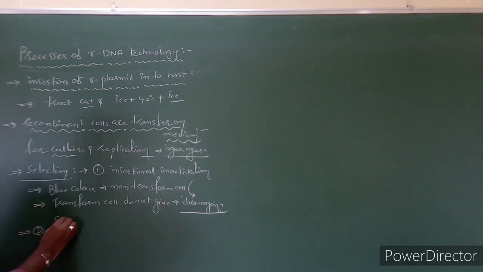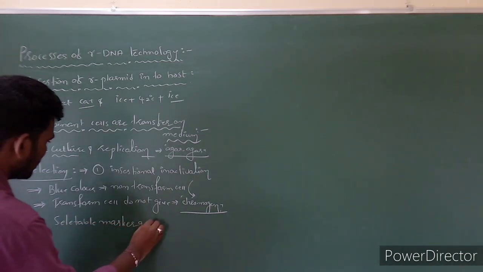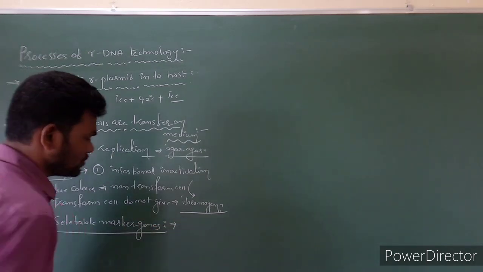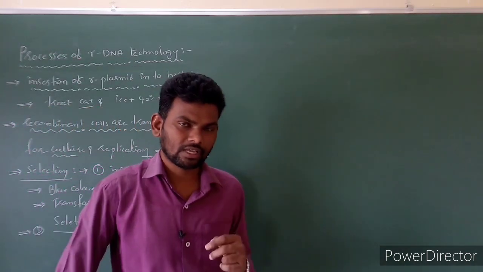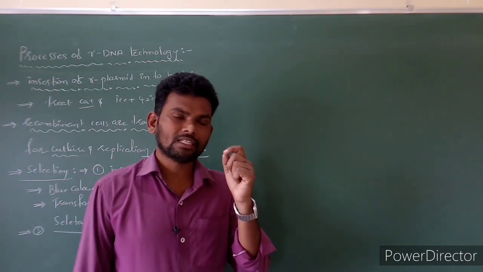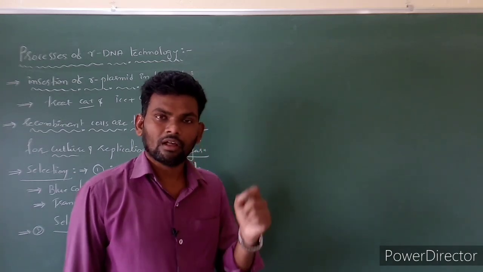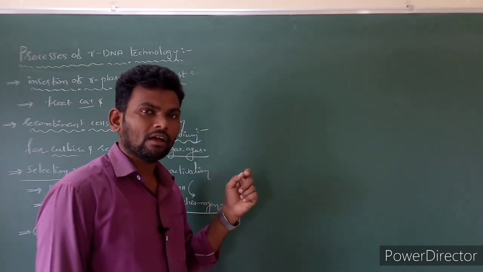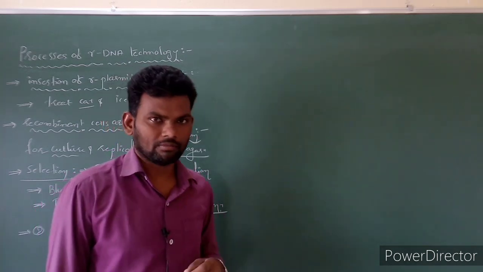And the second technique is what? Selectable marker genes. Here two selectable marker genes are used. One is ampicillin and one is tetracycline. For example, if you insert the desired DNA in the tetracycline region, then such plasmid-containing bacteria we have to add to an ampicillin medium.